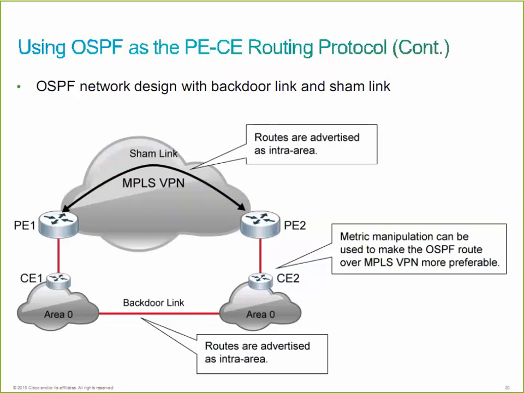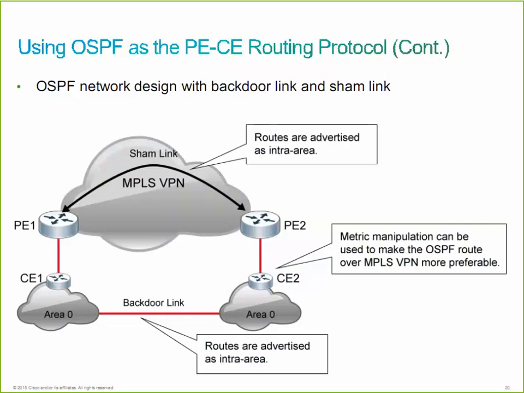It's part of the shortest path first computation, just like any other link in OSPF, and the LSAs get flooded across the sham link. But here's the thing: the OSPF route types get preserved, and they're not converted to type 3s or type 5s across that link.